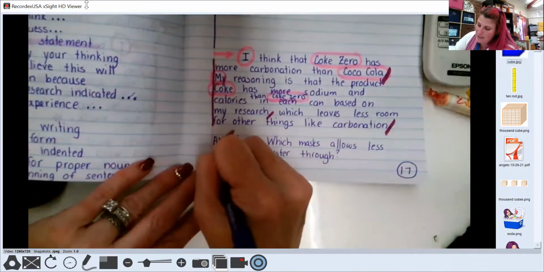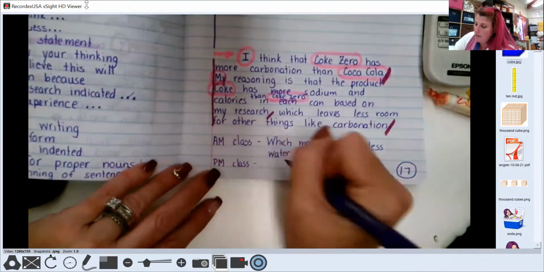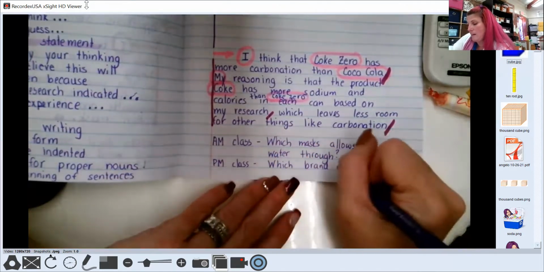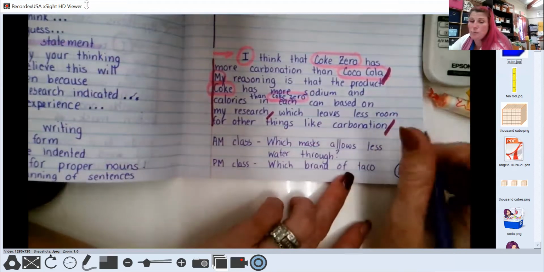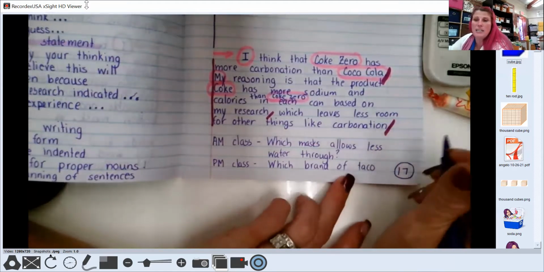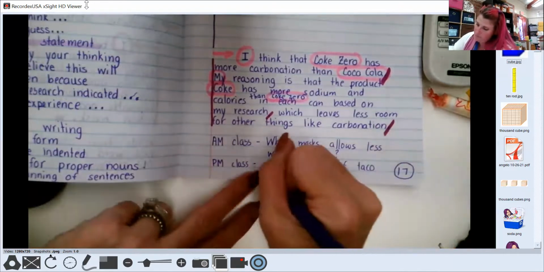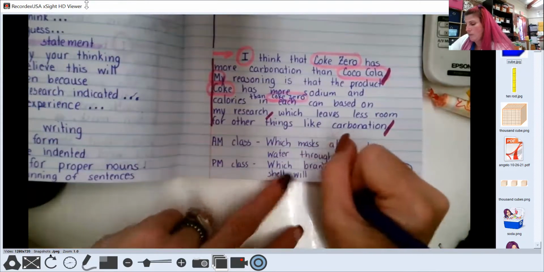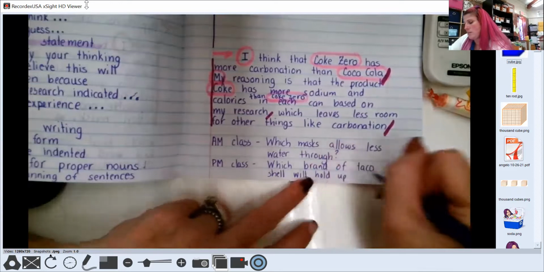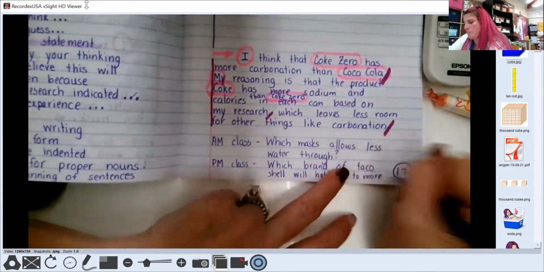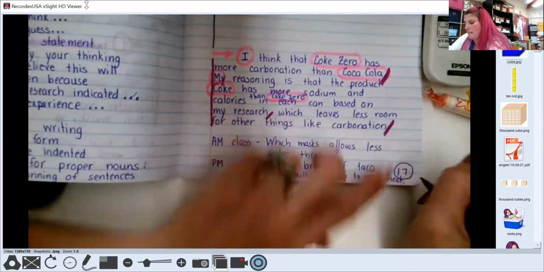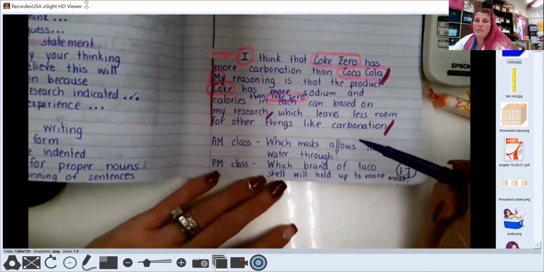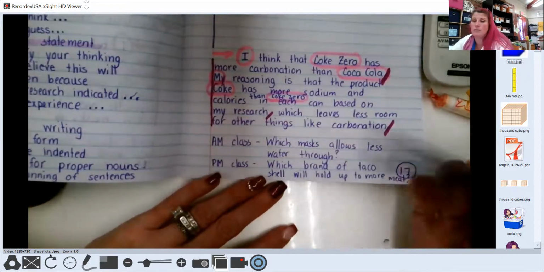And for my PM class, it's which brand of taco shell. Remember, we're using the super soft taco shells by Mission and Old El Paso. Will hold up to more meat. And we have to remember that the types of taco shells and the names of masks have to be capitalized because those are proper nouns.